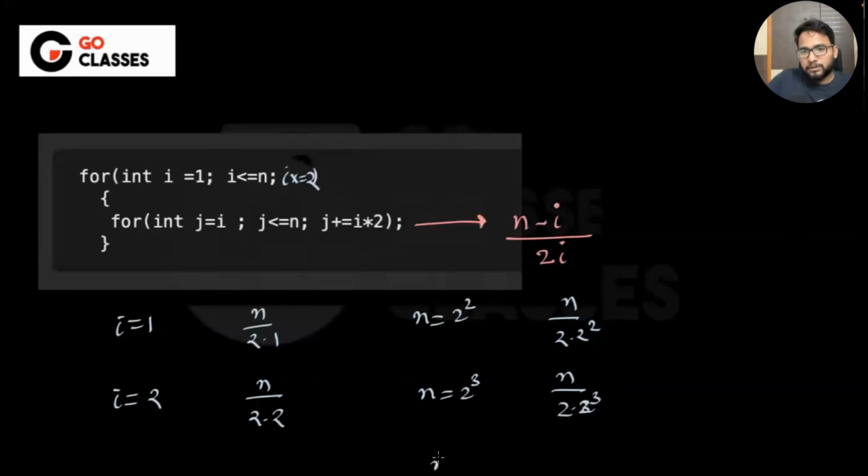And now suppose i is 2 power k, which is n. Then n upon 2 into 2 power k. So what is the answer? Can you sum all of this? Let me try summing all of this.